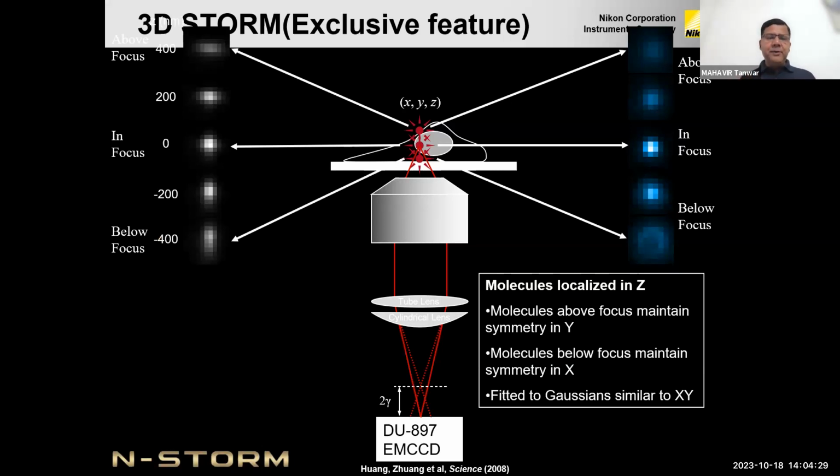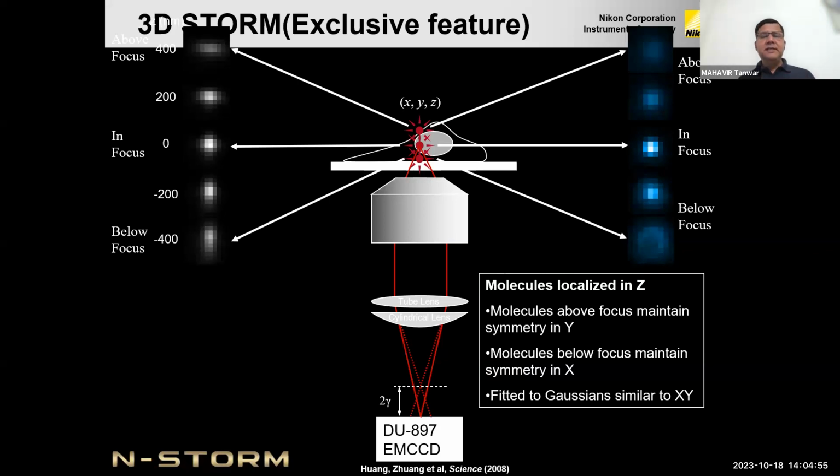So the lower sample, for example, below focus will be a sample which is vertical. Above focus is horizontal. Why is it happening? Because we are putting in a cylindrical lens to create an astigmatism. This is how we can recognize which is above and which is below, because the resolution is quite low, 50 nanometer.